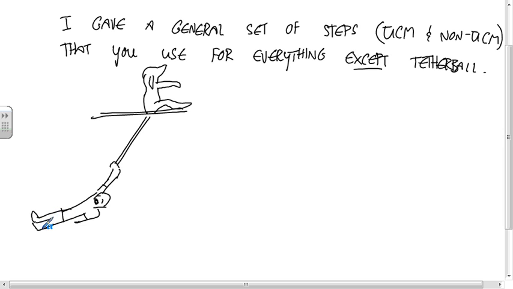That's fear. Okay, so this, for our purposes, is tetherball. That doesn't look very much like tetherball, but for us, it's a cable and a mass swinging in a circle, so that's tetherball.